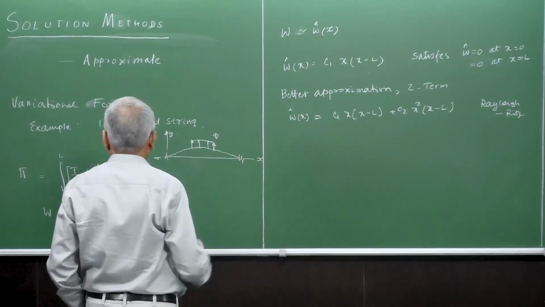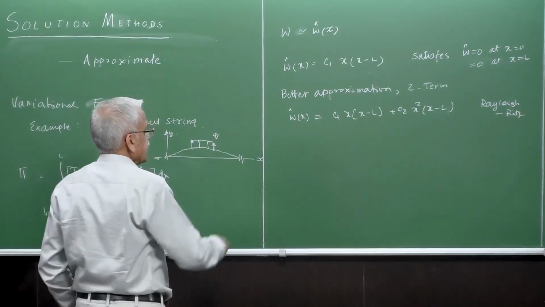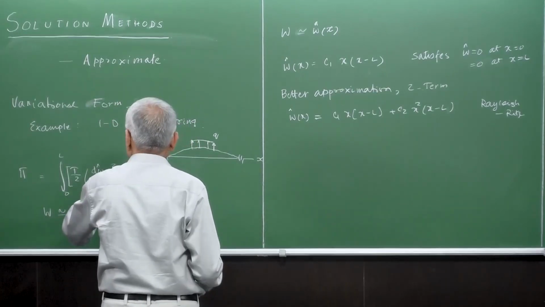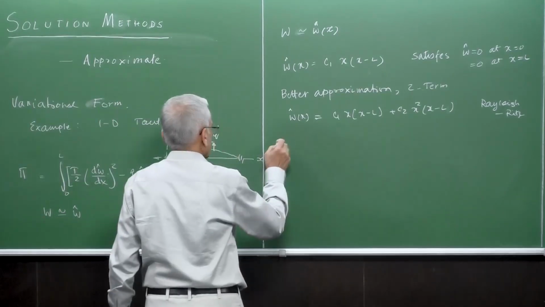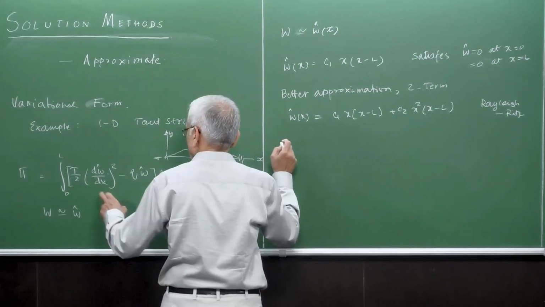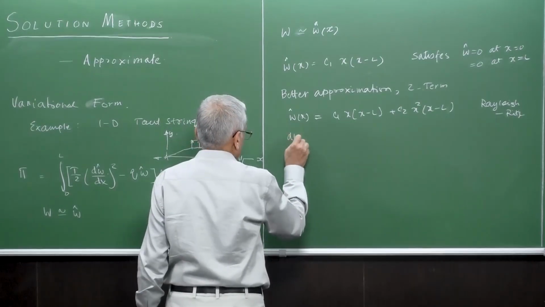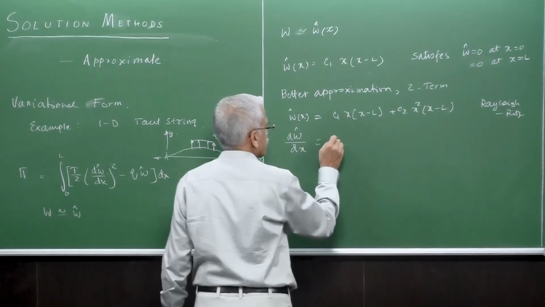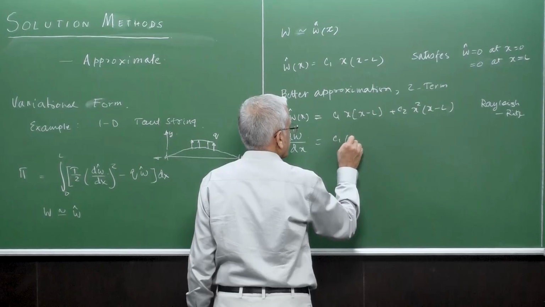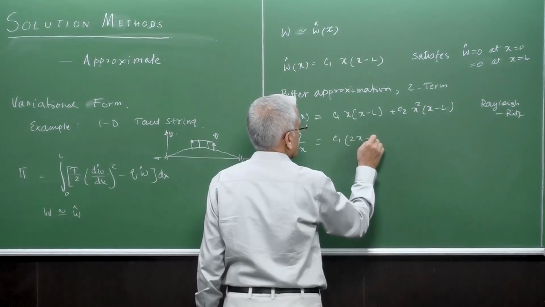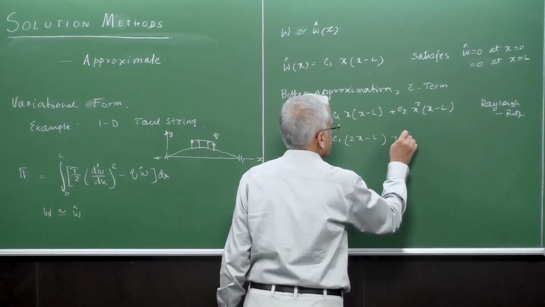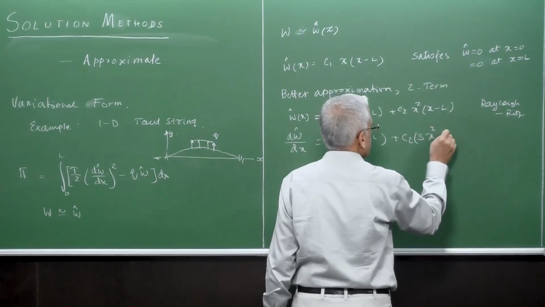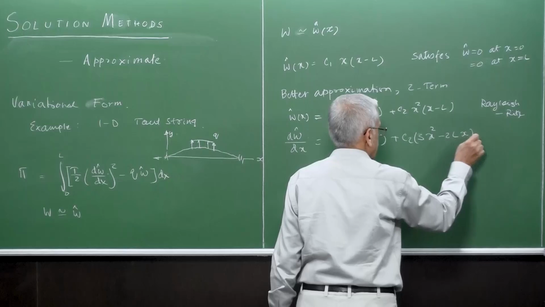So if this is so, then this approximation we will substitute into this one. What we need to evaluate is also dw by dx, which is C1 x square, so C1 (2x minus L), and C2 x cube, so that is 3x square minus 2L x.